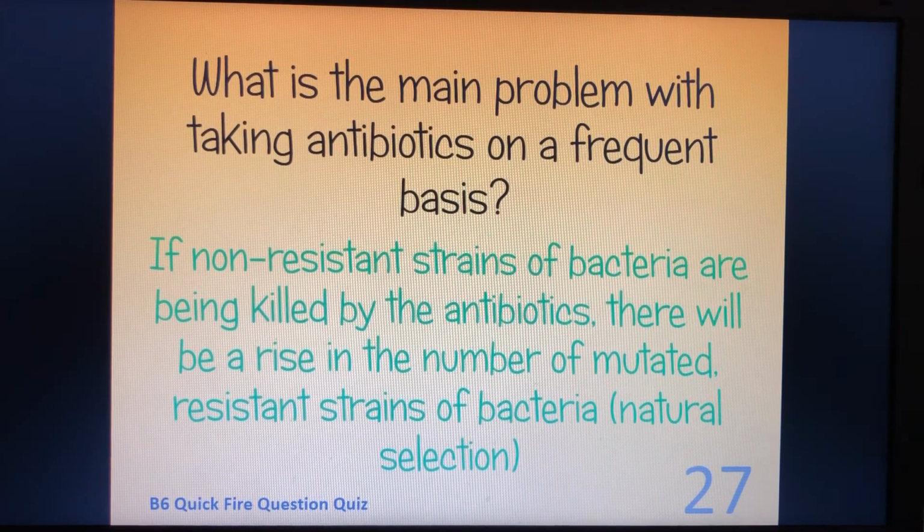And if we destroy the non-resistant bacteria with the antibiotics, it gives the mutated resistant strain a greater chance of survival. It will allow them to reproduce and then thrive, and then we're going to be ill from the mutated strain. So it's best just to let our body fight rather than antibiotics, which will only be able to kill those non-resistant bacteria. Tricky one to get your head around, that one.